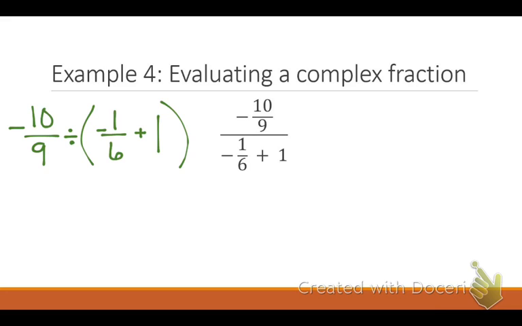Well, how can I make 1 into a fraction that would match up with negative 1/6? Multiply it by 6, right? I can make a whole number any fraction, right? 5 over 5, 8 over 8. Well, I wouldn't do any of those numbers because they wouldn't match up with the denominator. I need to make it 6 over 6.